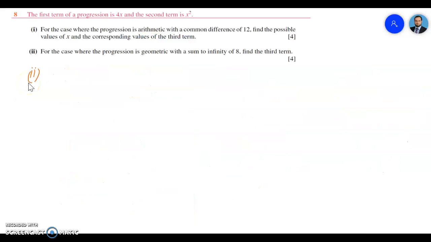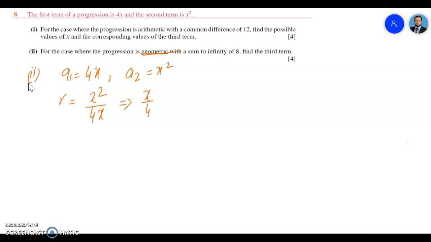In the second part, it says for the case where the progression is geometric, with the sum to infinity being 8, find the third term. So again we know a1 is 4x and a2 is x squared. If it is a geometric progression, the common ratio will be the second term divided by the first term, so this is equal to x by 4.